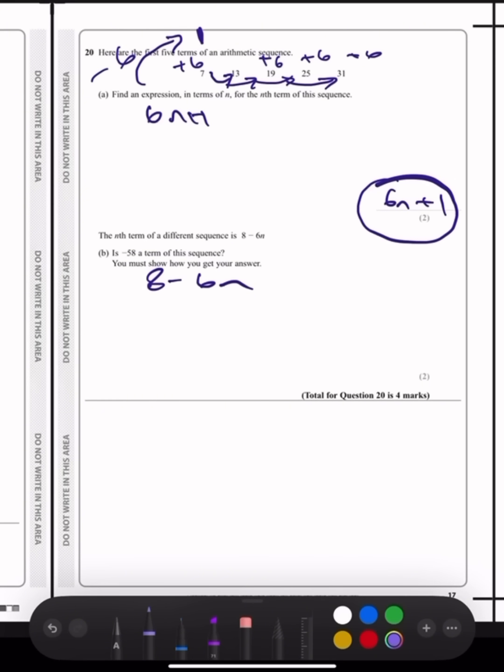So what we need to really do is, whenever you get questions like these, it's super important to firstly write this, and then write is equals to minus 58. So in this way, when we find n, it is basically the number, and in that way we can find out whether this number is part of the sequence or not. The answer should be a whole number.